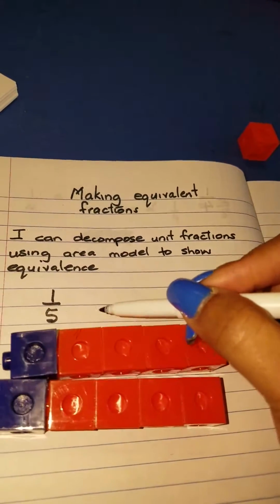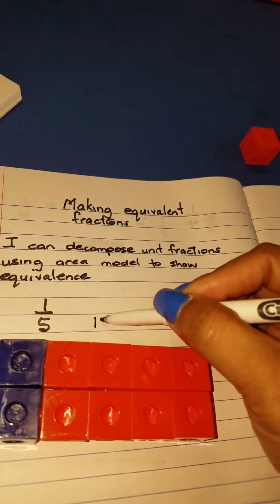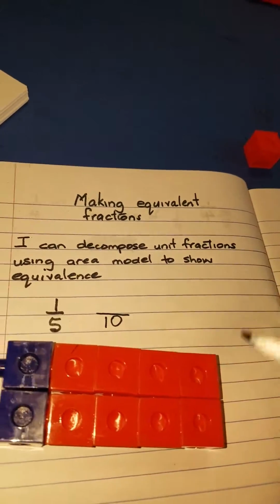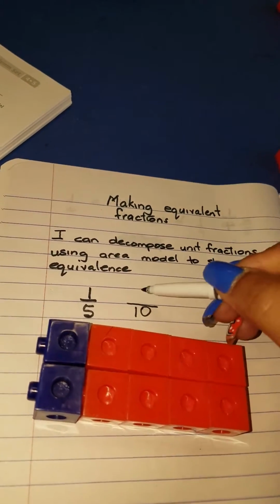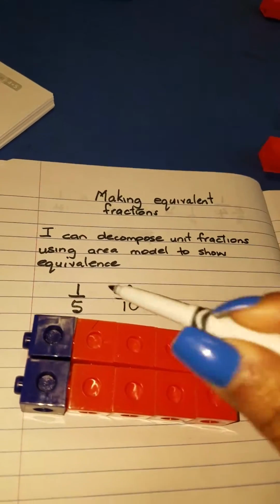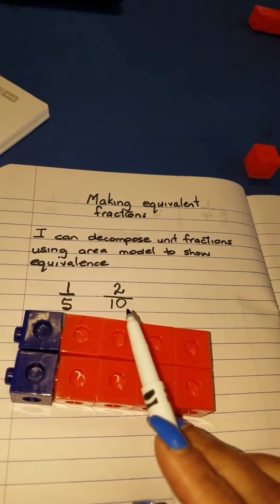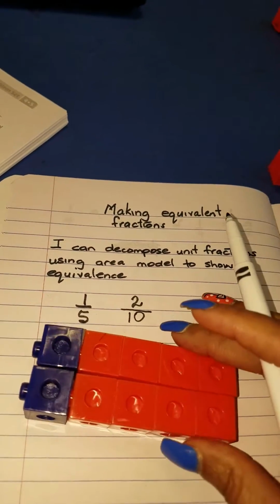So I have 10 parts. And how many have been shaded, the other color, would be 2. So an equivalent fraction of 1/5 would end up being 2/10 by just getting 2 rows.